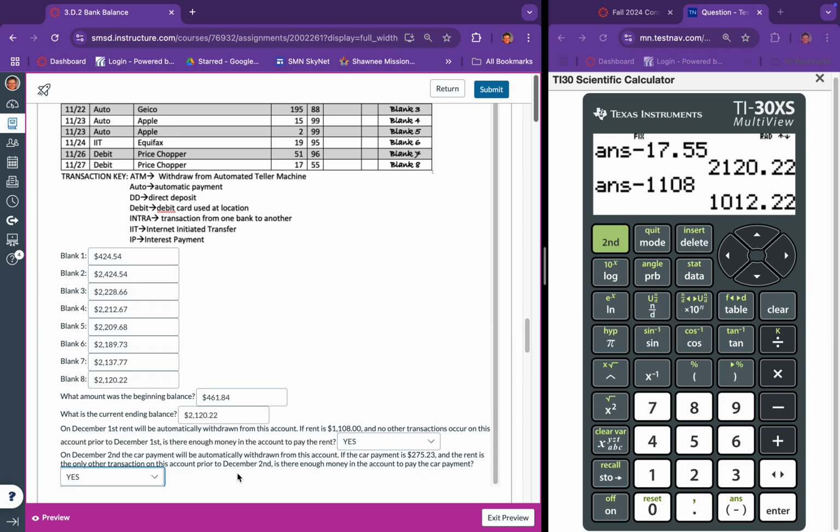And these are two things that usually are automatically withdrawn from account: rent, car payments. Those are things that you set up with those corporations, and they just automatically pull money. You don't write a check anymore for these things. So you have to make sure that you know what your balance is at all times. And you also need to know what's going to be coming out of your account so that you make sure you have enough money in there.